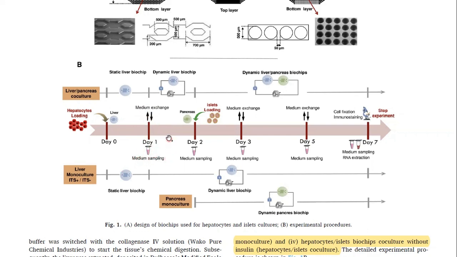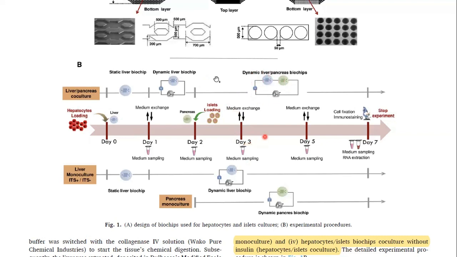At day 2, after the 24 hours of addition and 24 hours of perfusion, the pancreatic islets biochip were prepared. After 1 hour at rest and islet sedimentation, the liver's perfusions were stopped, and one pancreas biochip and one liver biochip were serially connected to each other to create a pancreas-liver coculture model.